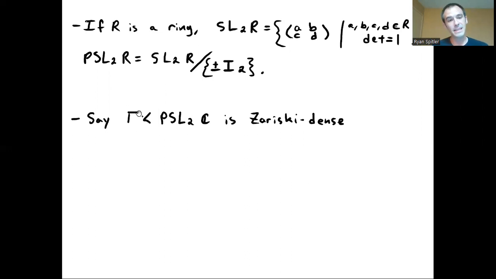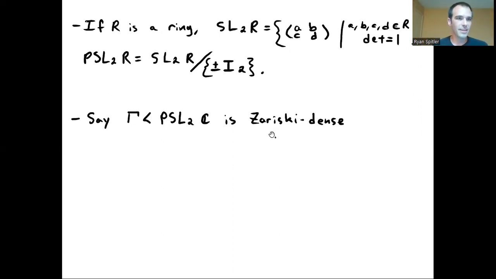What we'll say is that a subgroup of PSL2C is Zariski dense. What this usually means is that there's no smaller collection of equations that all of the elements of gamma simultaneously satisfy, that lives inside as a proper subgroup. So we'll say that this is Zariski dense.